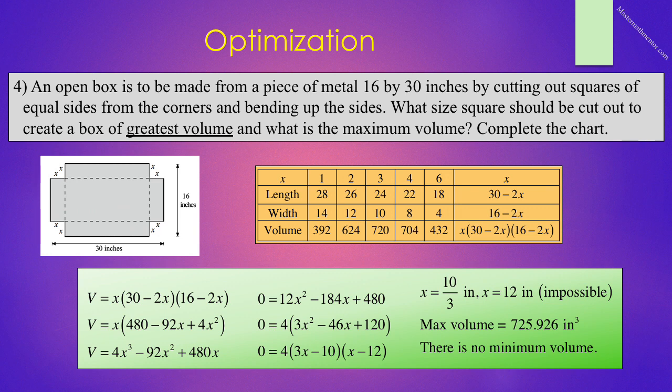So we have our primary equation that V is equal to x(30 minus 2x)(16 minus 2x). Expanding that, we end up with V equals 4x^3 minus 92x^2 plus 480x. Taking the derivative, we get 0 equals 12x^2 minus 184x plus 480.